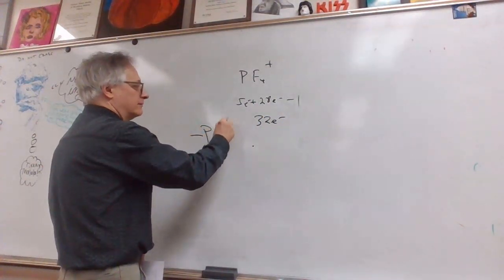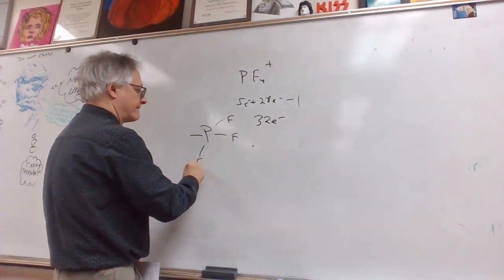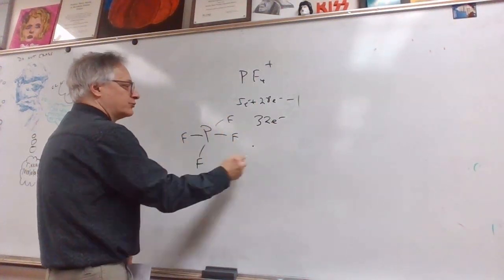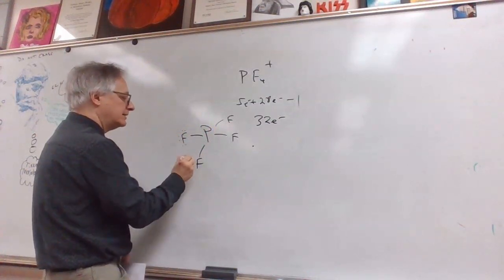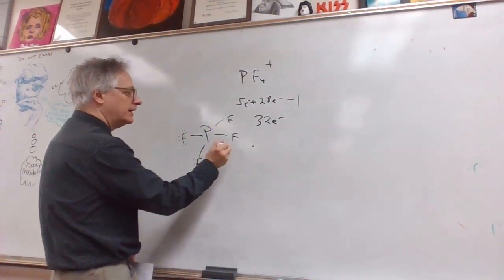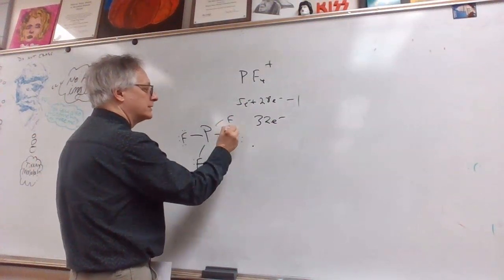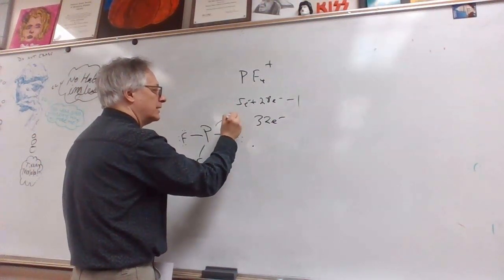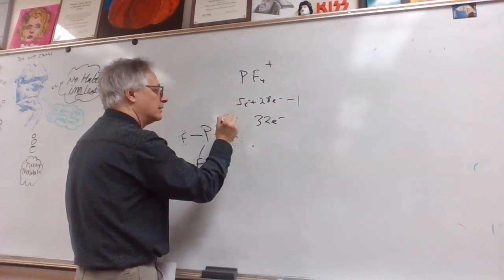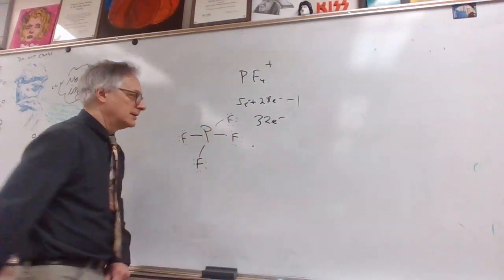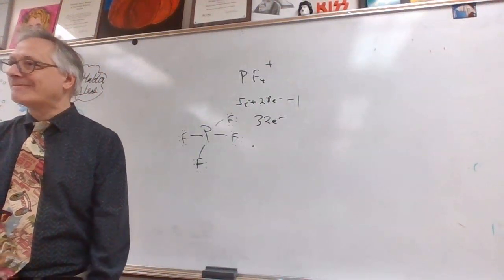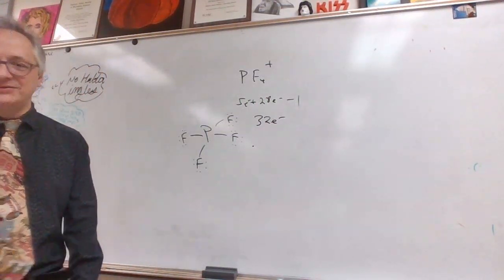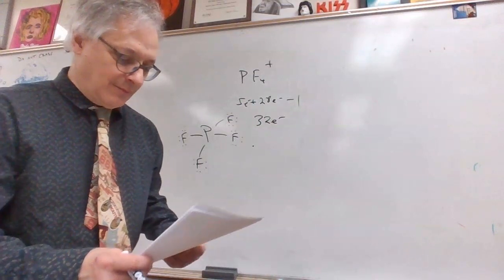Just going to stick my fluorines there. I've used 8 electrons so far. 8, 10, 12, 14, 16, 18, 20, 22, 24, 26, 28, 30, 32. So what shape? We have an AX4. What's that going to be? Tetrahedral. Yeah, so you guys are getting this. Beautiful.